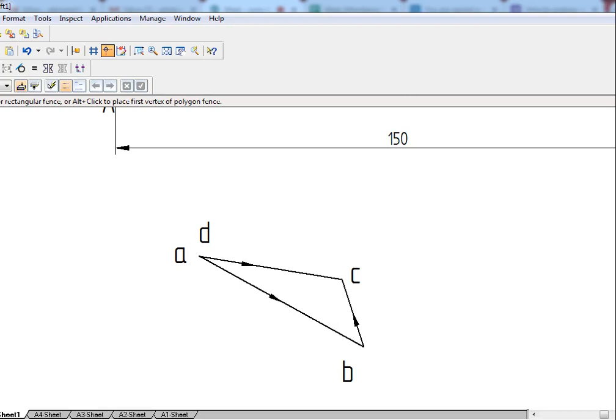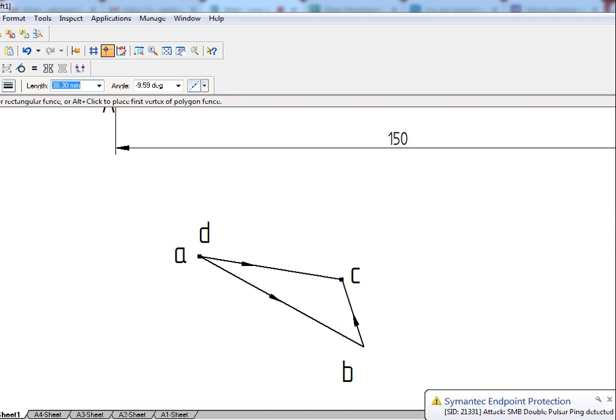I actually want the angular velocity of link CD, so first I will take this CD only. What is the length of this CD that I will take?